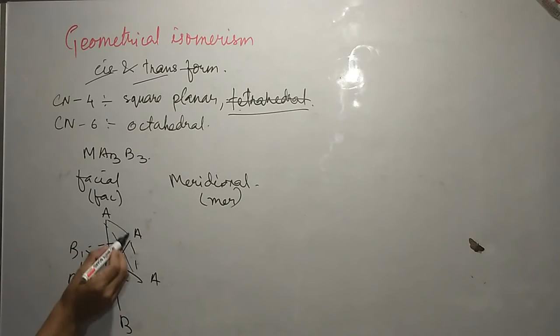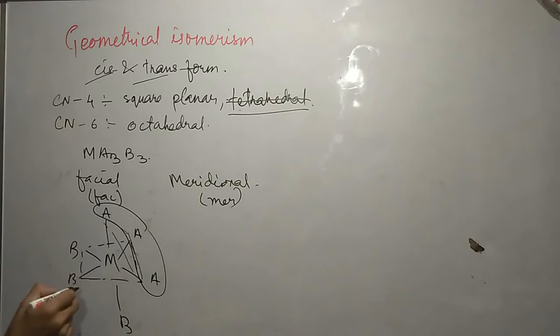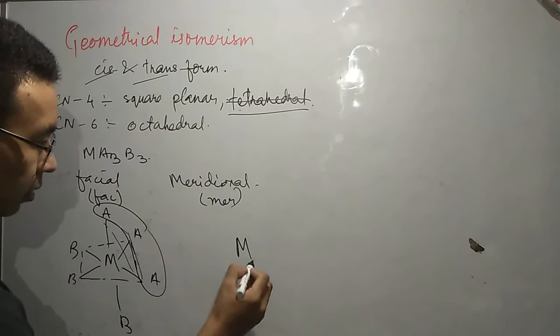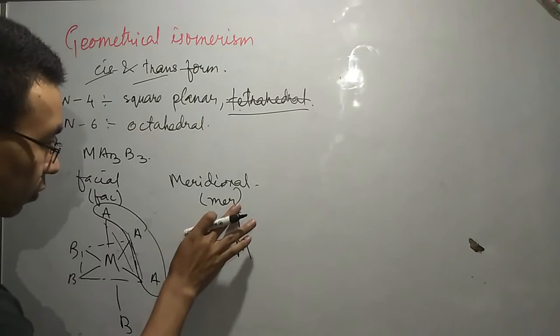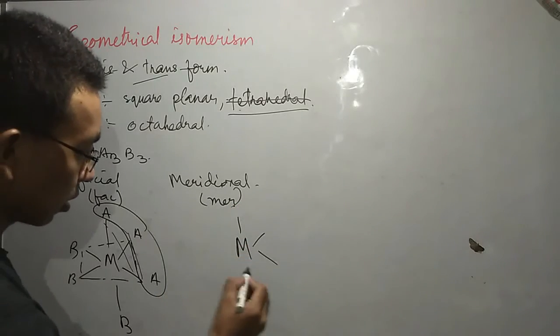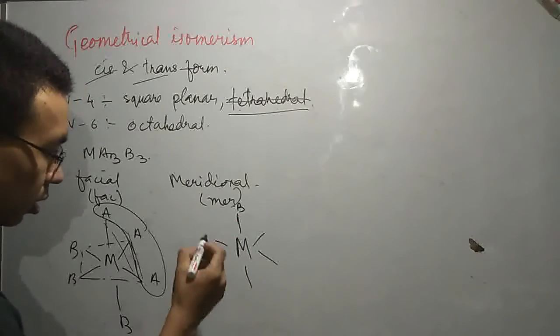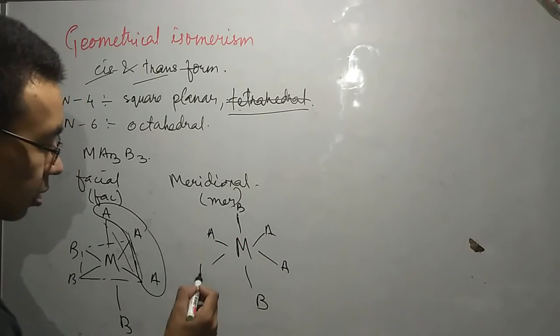They are on the same triangular face of an octahedron. Whereas in meridional, if we consider A, those same three ligands will be on the equatorial plane, like this.